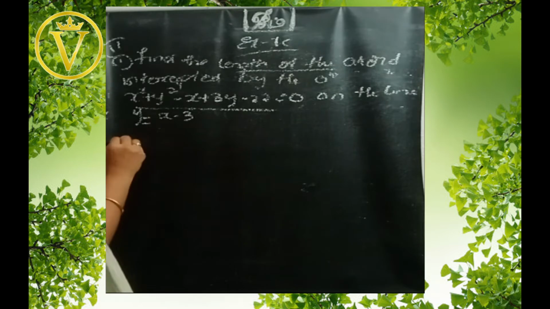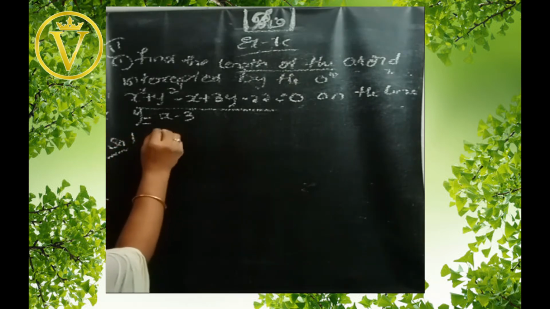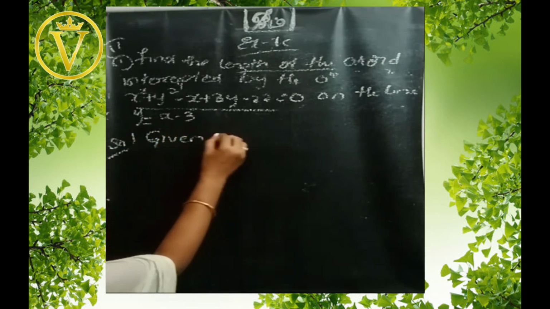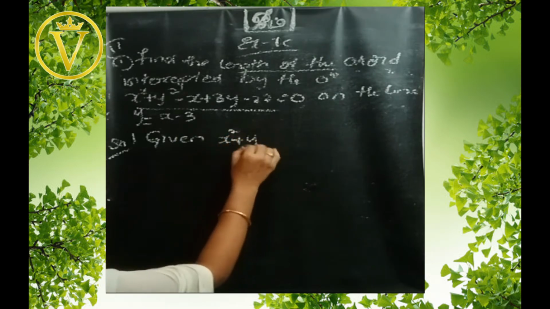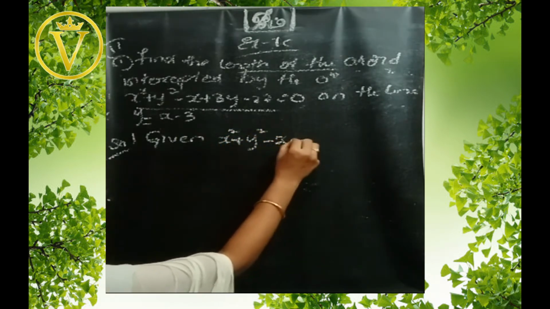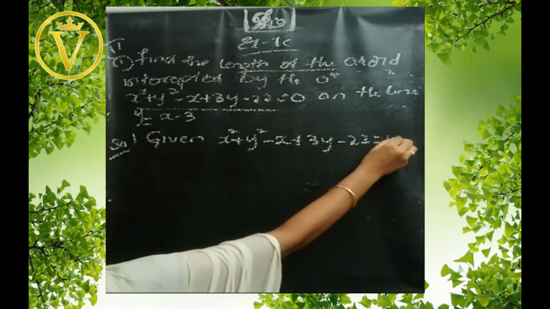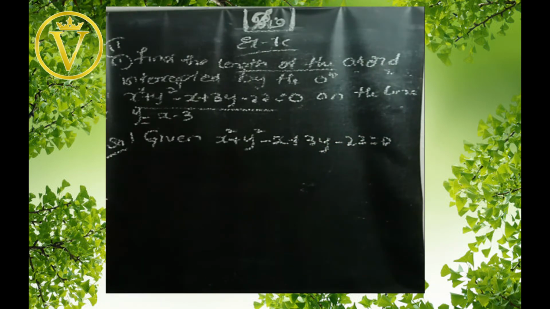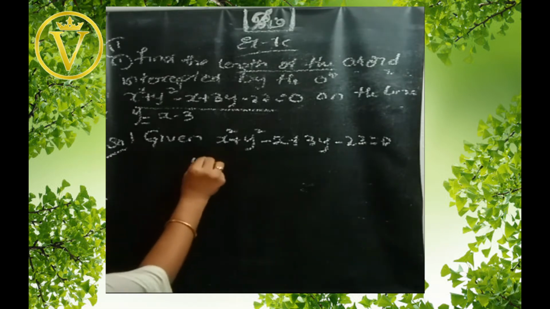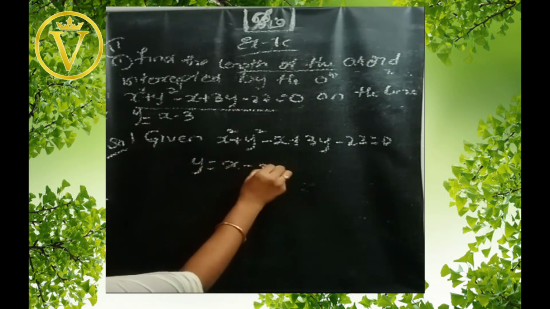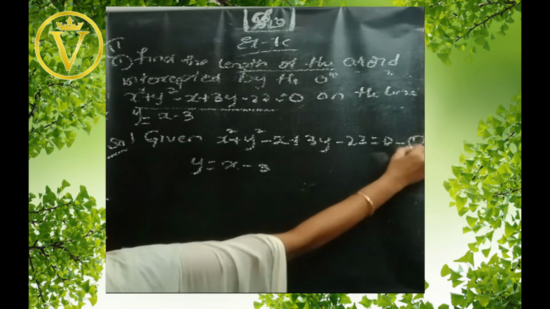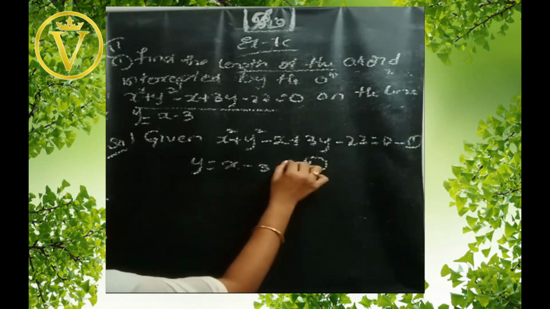Okay, let's see. What is given? x square plus y square minus x plus 3y minus 22 equals 0. Next, y equals x minus 3. This is the first equation and this is the second equation.